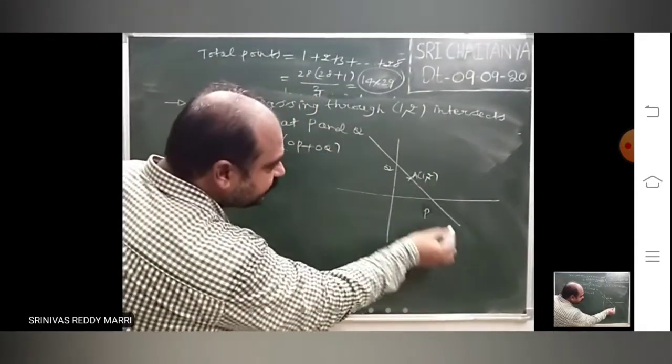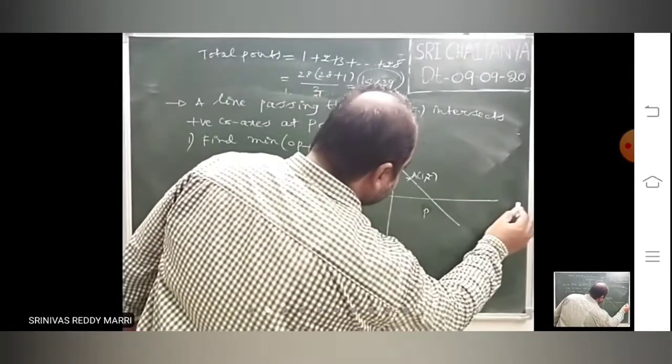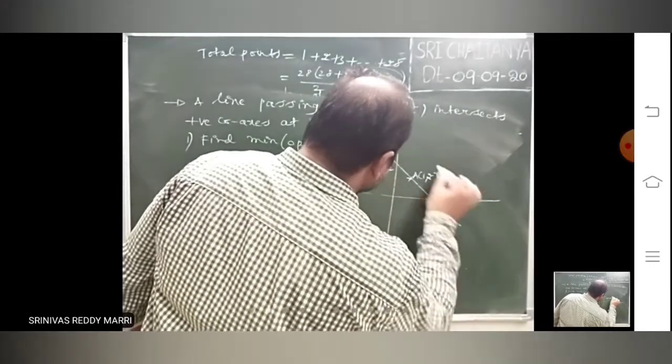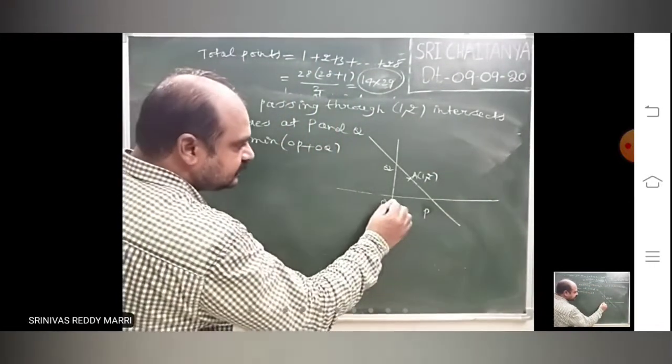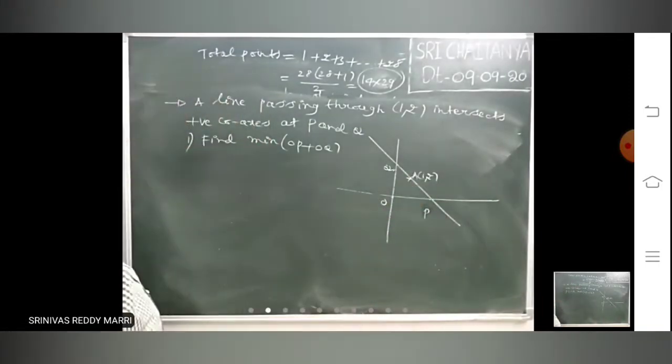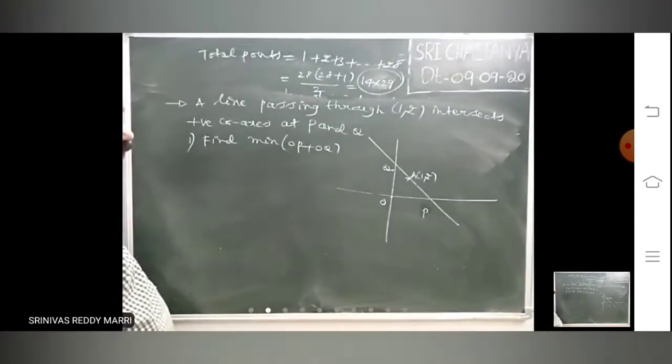So this is a variable line. You can draw it like this, or like this. That means OP and OQ are also variables, and he is asking for the minimum value of OP plus OQ.